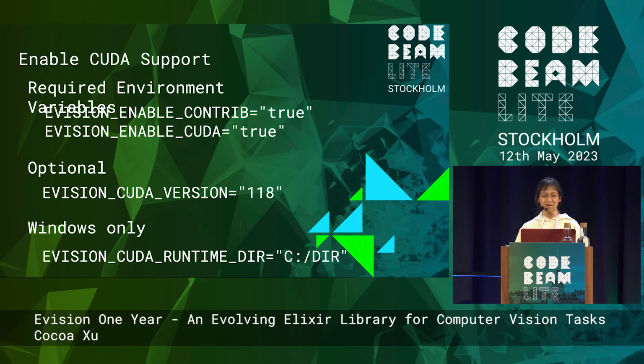Also, we have this optional parameter here. You can specify the CUDA version. Now we have CUDA 11.8, CUDA 11.4, and CUDA 11.1 supported in the pre-compiled binaries. But if you compile from source, then you don't need to set anything for this variable. For Windows users only, you need to set CUDA runtime to the directory where you installed your CUDA runtime DLLs.